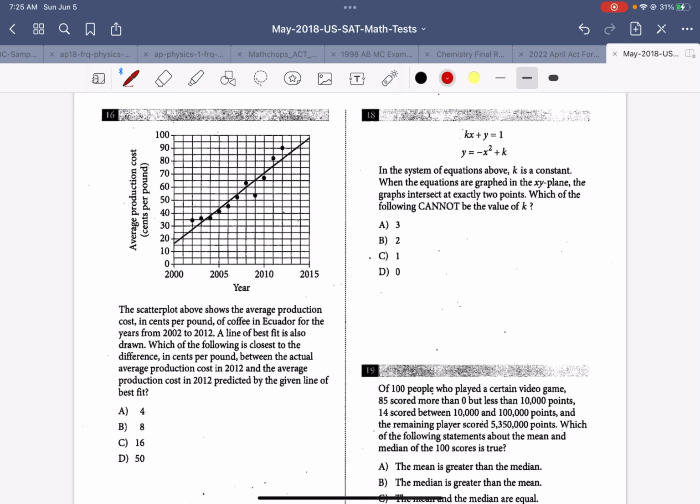The scatter plot above shows the average production cost in cents per pound of coffee in Ecuador for the years 2002 to 2012.